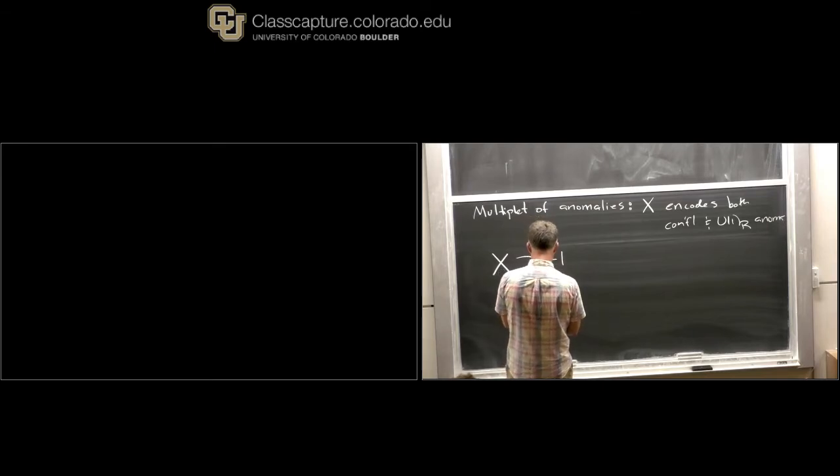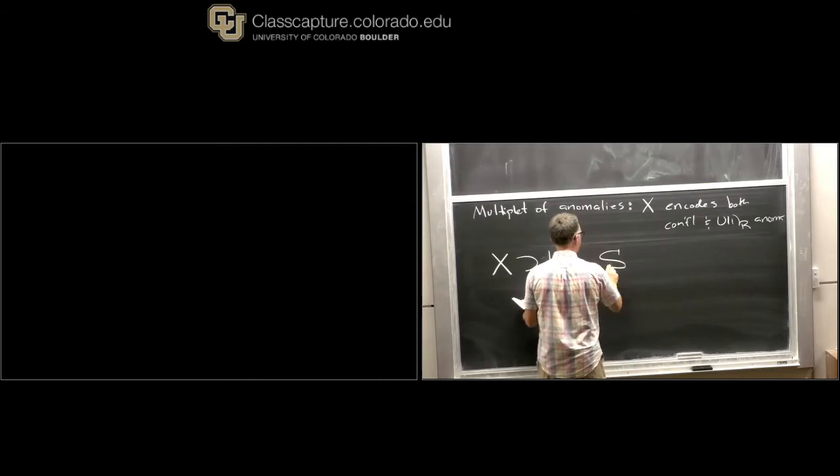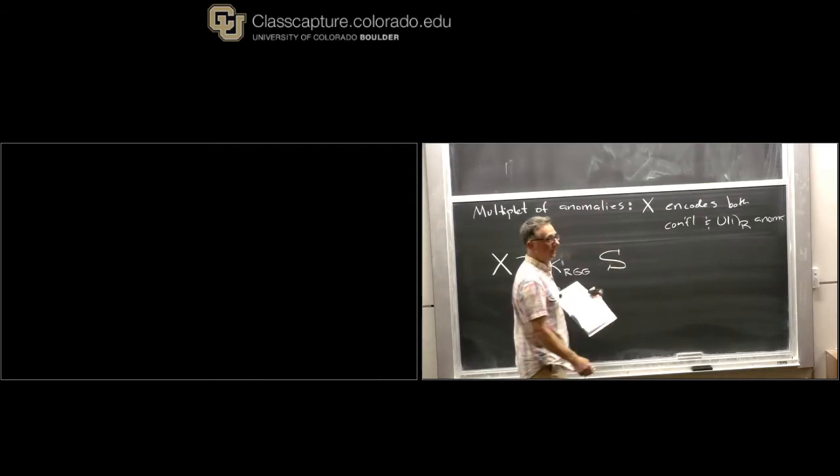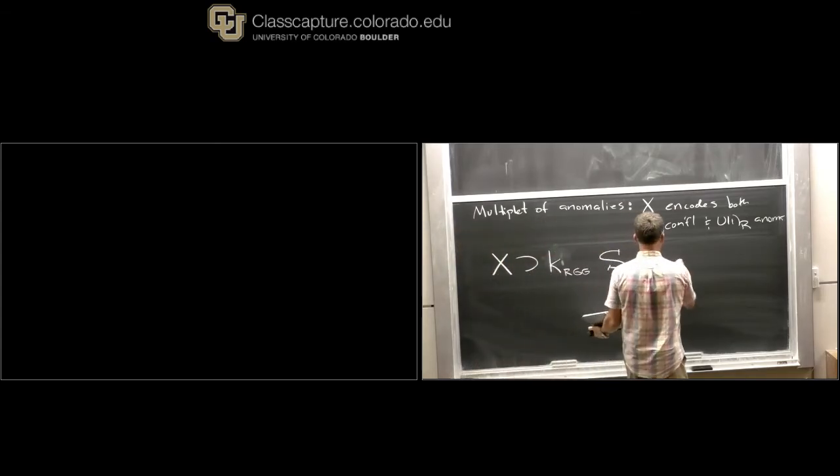let's write it like this. X can contain a term which is, for example, some coefficient times S, where S is this glueball superfield that I wrote down before in the gauge theory.